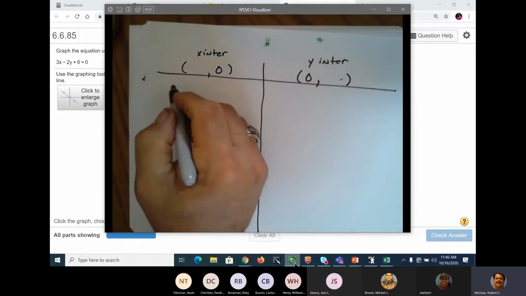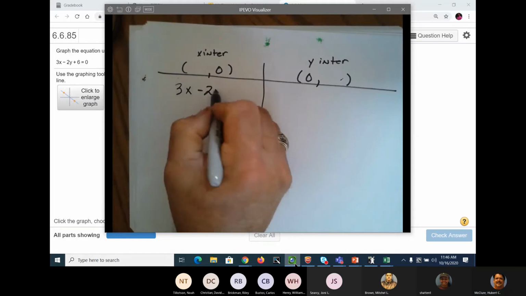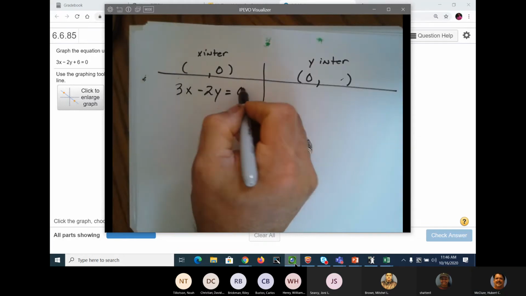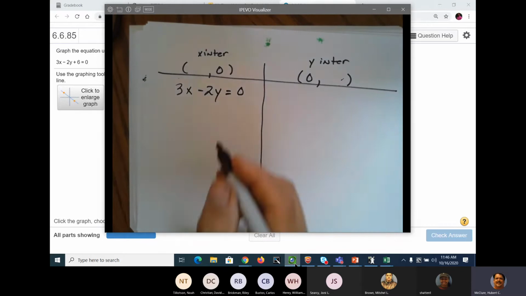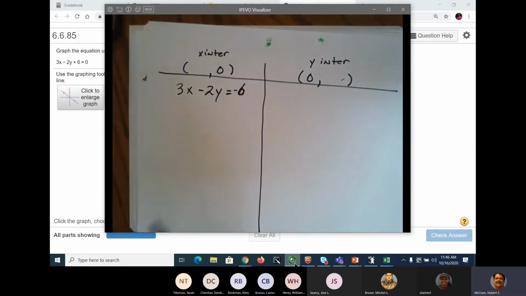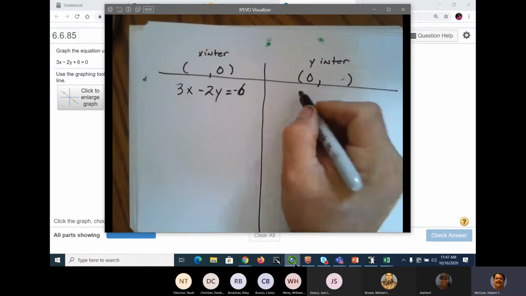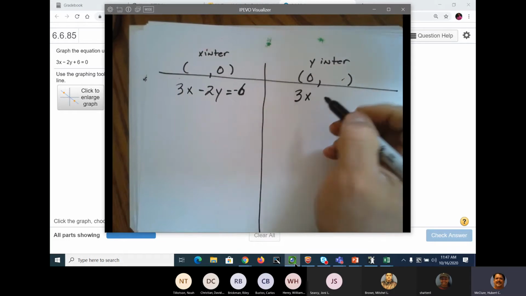And I put my equation right here. Oops, that's supposed to be a -6. You got to put the number on the other side. It has to be on the other side. I don't know why they write them like that, but they do.